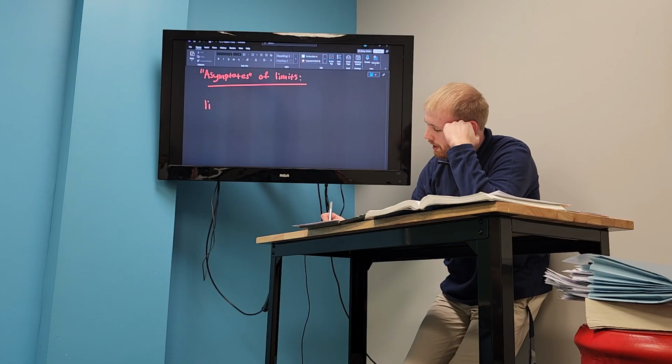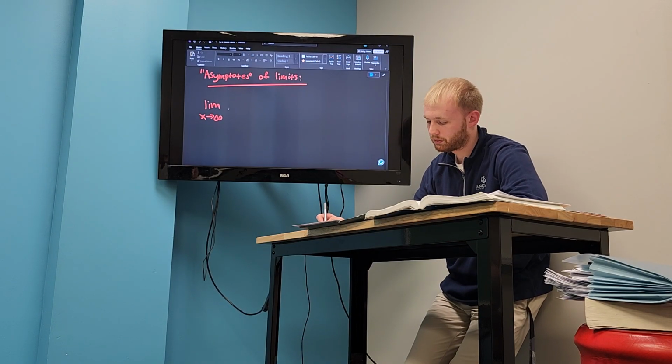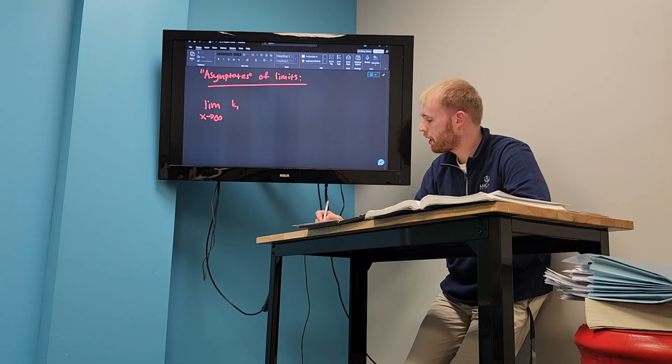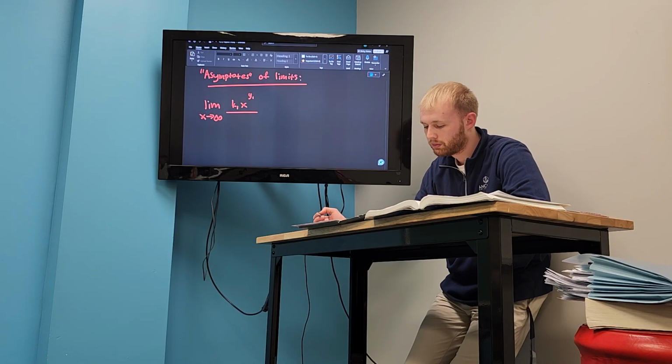If I have the limit as x approaches infinity of some coefficient k1 times x to some exponent y1, and that's all divided by some number k2 times x to the y2.